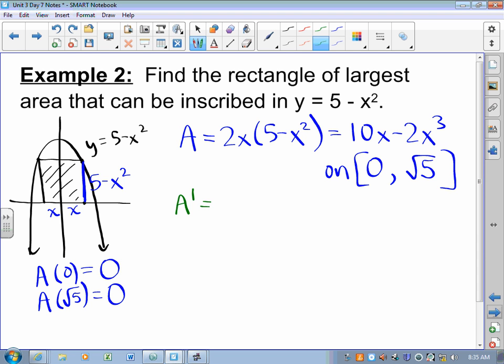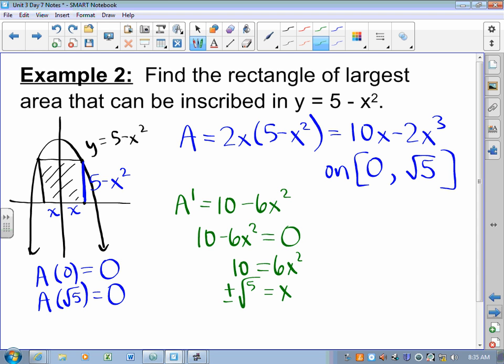So I'm going to take a derivative that is 10 minus 6x squared. I am looking for critical points. I am looking for the place or places where 10 minus 6x squared is 0, which means I am looking for the place where x is plus or minus radical 5/3.